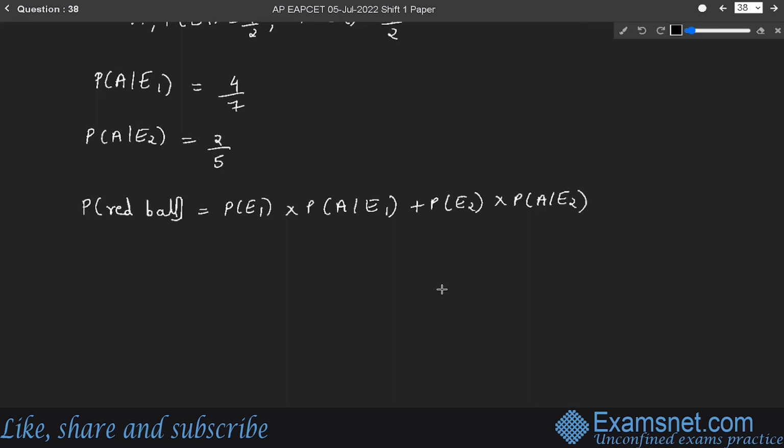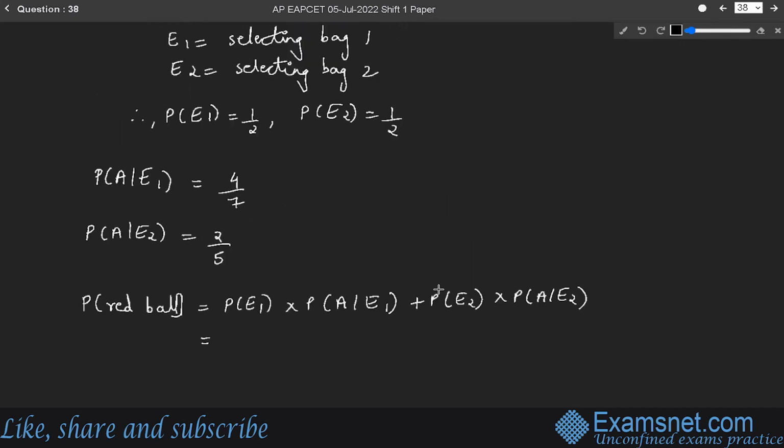This is by using the law of total probability. So putting the values here, we know that P of E1 is 1 by 2. P of A by E1 is 4 by 7. Plus P of E2 is 1 by 2 and P of A by E2 is 2 by 5.